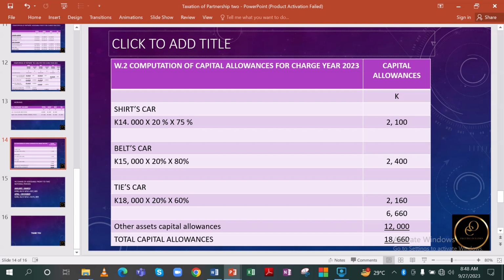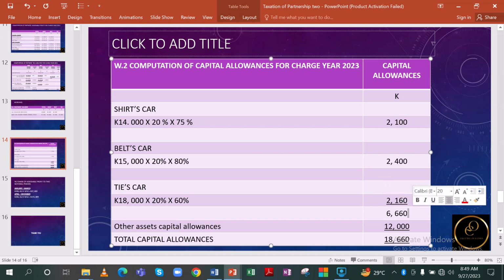Then Tie's car cost was 18,000, capital allowance non-commercial 20%, and used 60% for business. So you get the 60% portion, you get 2,160. So the total from these cars will give us 6,660.